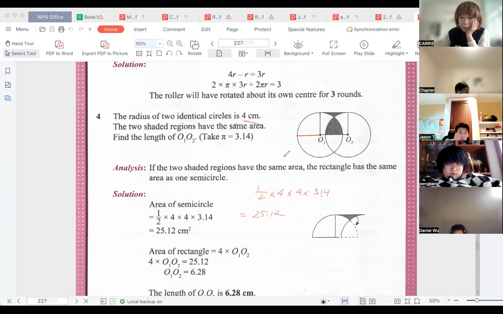And the area of the rectangle is exactly 4 times 0.1, 0.2. Okay, so in other words, 25.12 equals 4 times 0.1, 0.2. So 0.1, 0.2 equals 25.12 divided by 4.